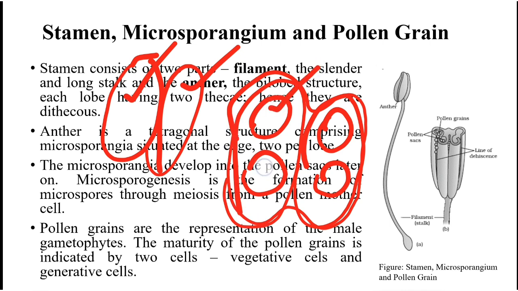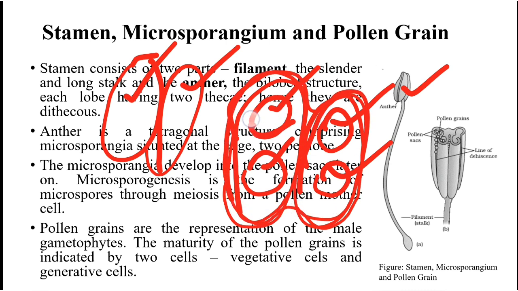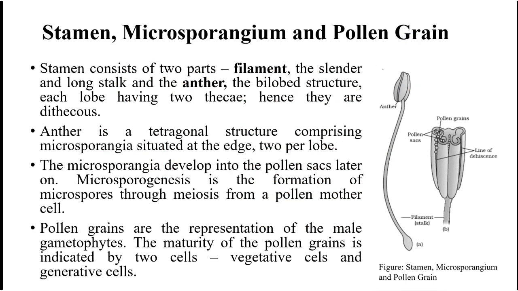These sacs are called microsporangia or spore sacs. The microsporangia develop into pollen sacs.